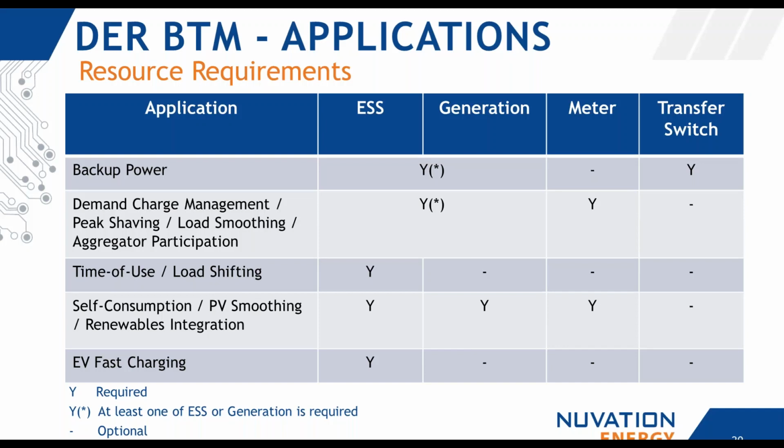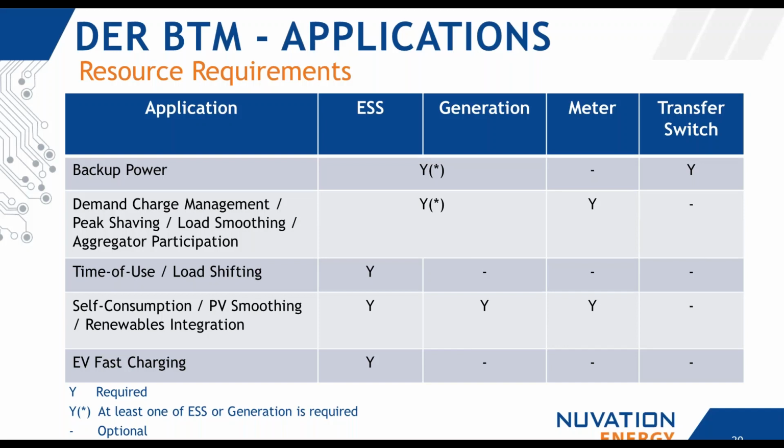basically providing an uninterruptible power supply for the site might be required. Demand charge management and peak shaving, this is all about reducing the peak demand, the maximum power that your site pulls from the grid, because often your energy costs are dictated based on what your peak demand is.